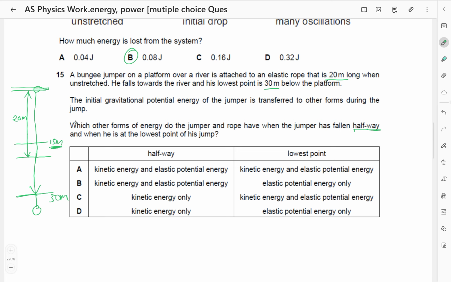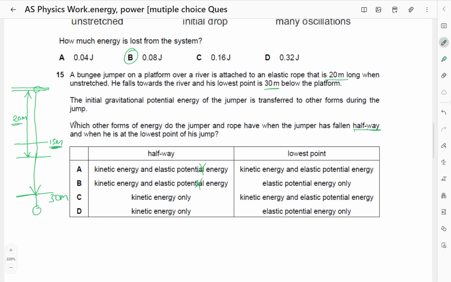Let's check. Which other forms of energy do the jumper and the rope have when the jumper has fallen halfway and when he is at the lowest point of his jump? So halfway, elastic potential energy is not there. So that means we have eliminated A and B. Halfway, we have seen why elastic potential energy is not there.